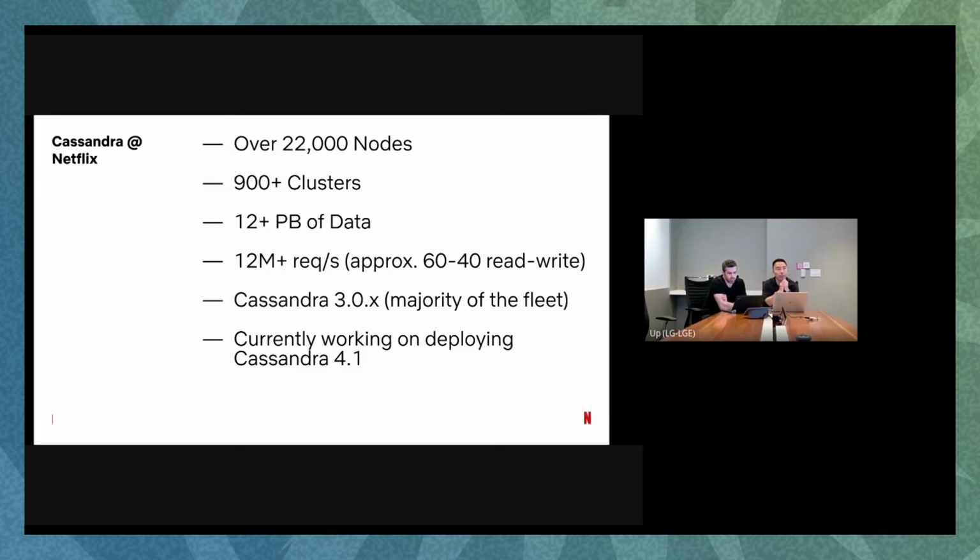For the majority of the fleet, currently we are running on Cassandra 3.0.x. We are working on Cassandra 4.1 for production at Netflix. A lot of the work we'll share here today is work that we've done in Cassandra 4.1, or in Trunk, which would be Cassandra 5.0, and we've just either ported it or worked on it internally before open sourcing it.